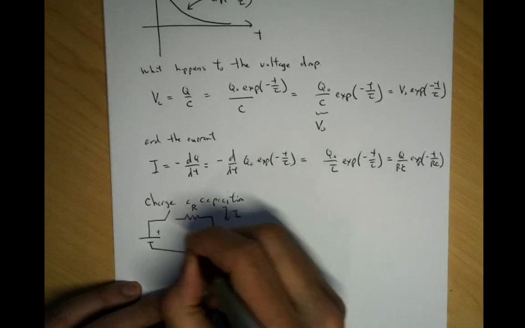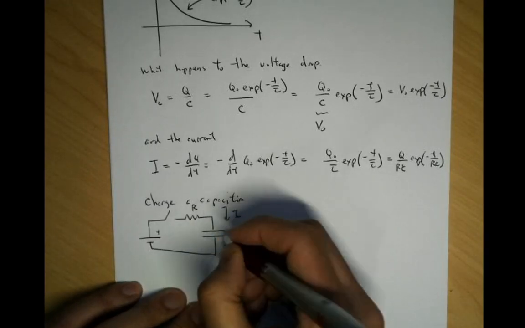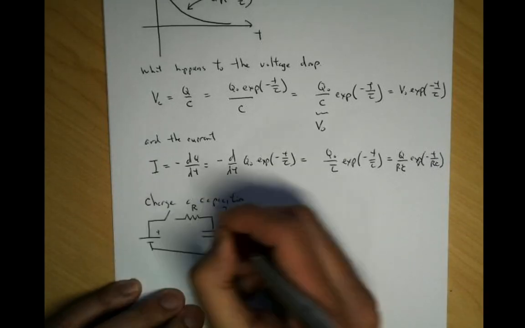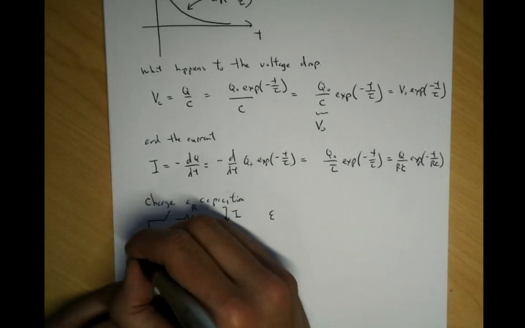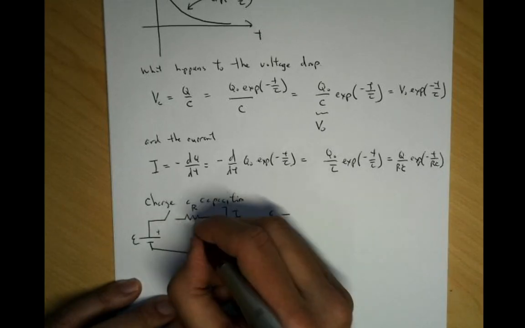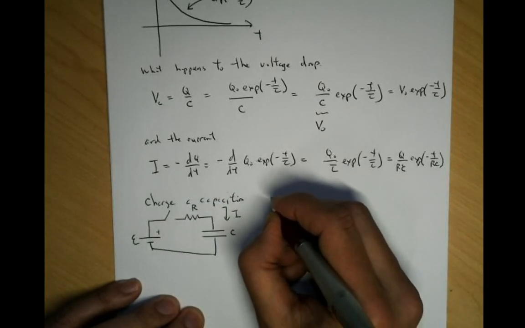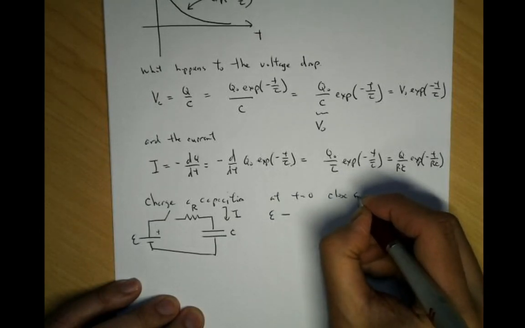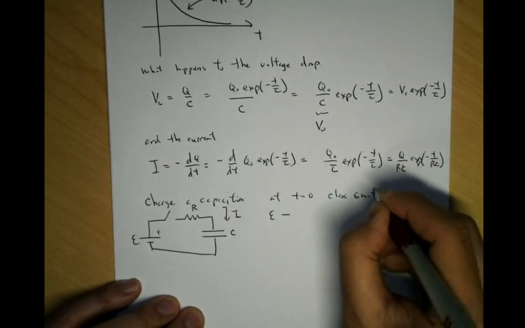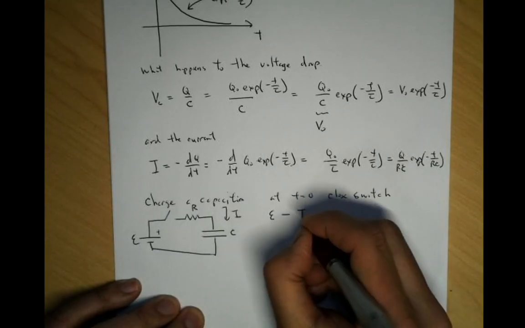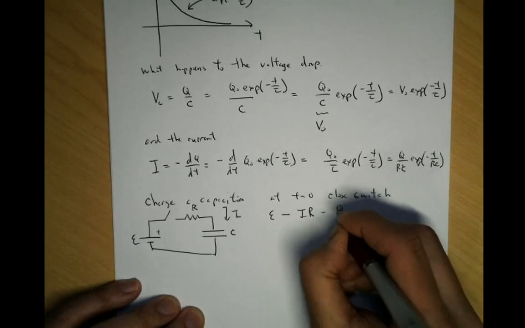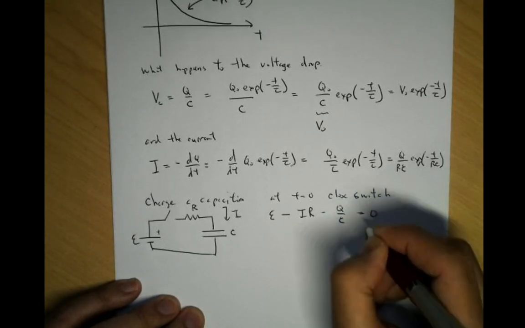There's my I in this direction. So I'm going from this point, I pick up the epsilon, plus epsilon. Let's say at t equals 0, close the switch. So I go minus IR here, I go across the capacitor, minus Q over C equals 0, right?